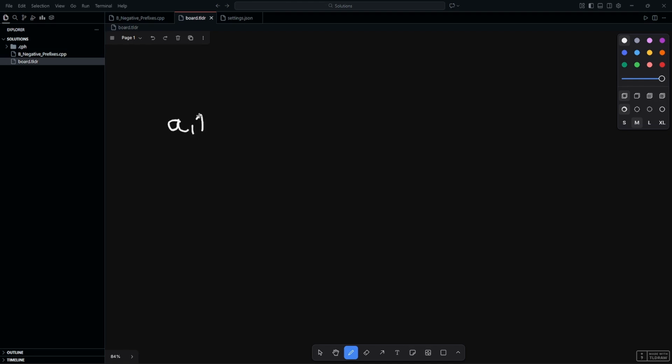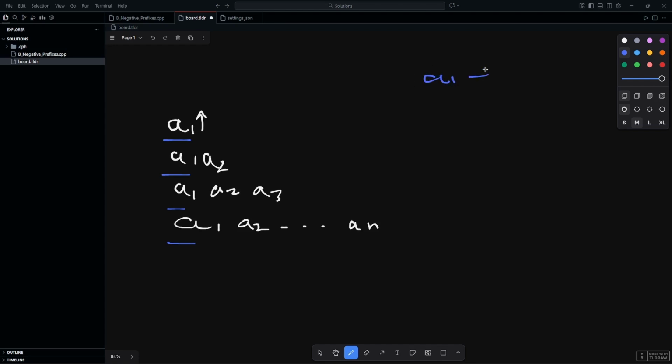If a of 1 is maximum, can I say that a of 1 would be in every prefix? A1, A2, so on till an. As you can see, A of 1 is in every prefix. So for n prefixes, there would be A of 1.